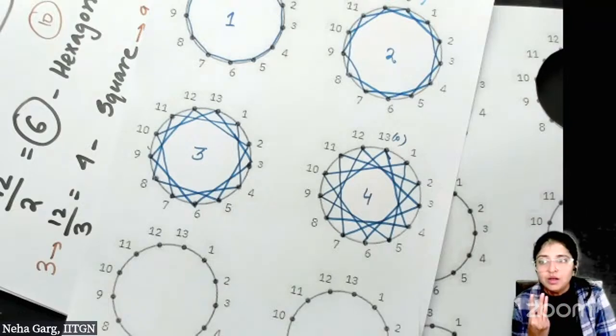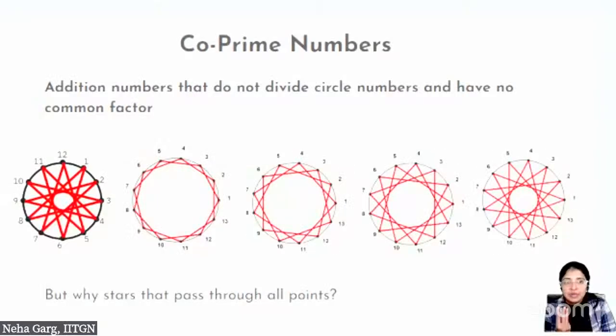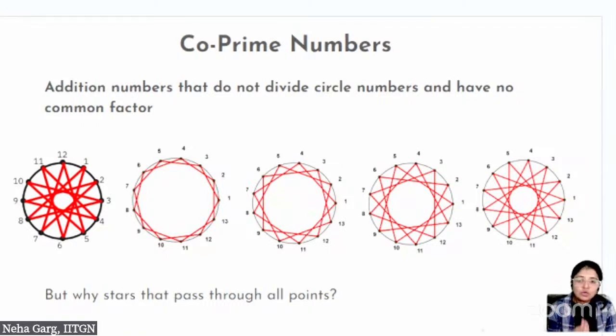And third, it could be a number which has a common factor with the number of points on the circle. We saw that when the numbers are co-prime, we get stars. When the numbers are factors, we get polygons. And when the numbers have common factors, then also we get polygons.